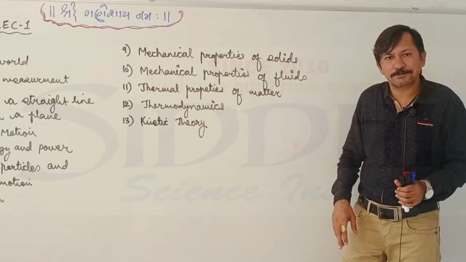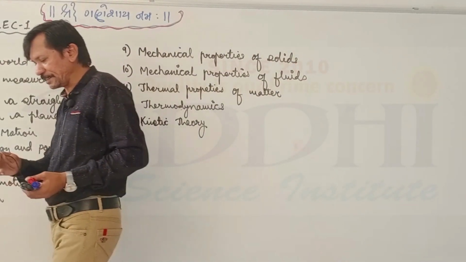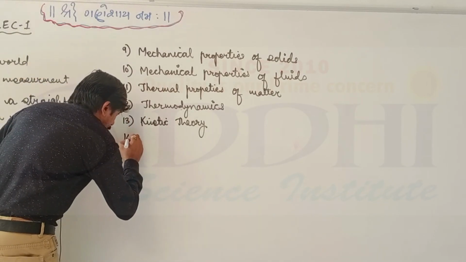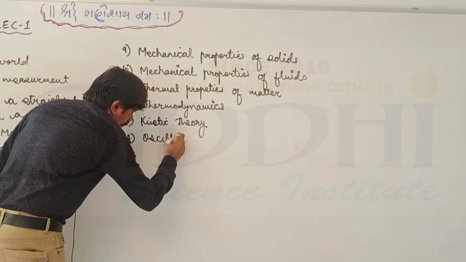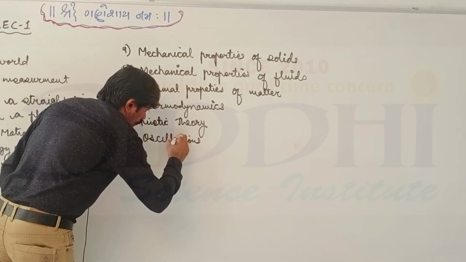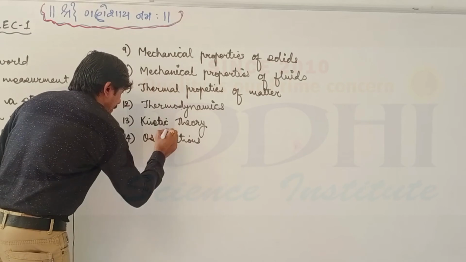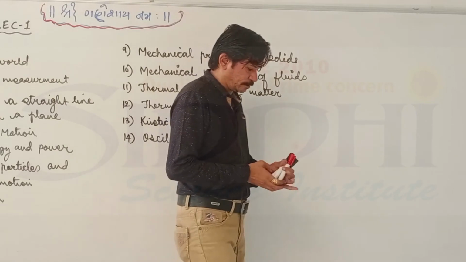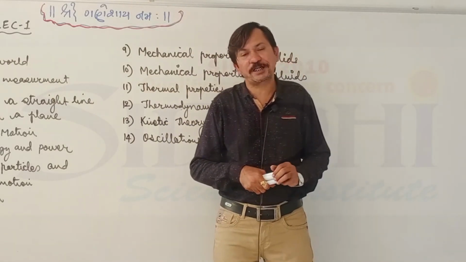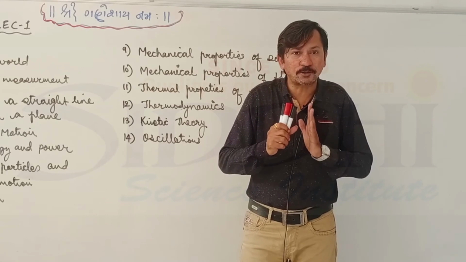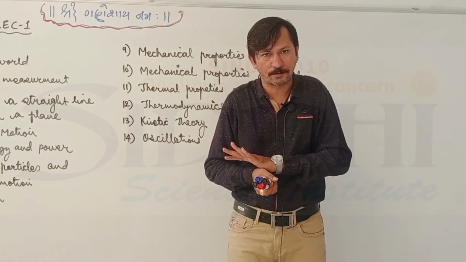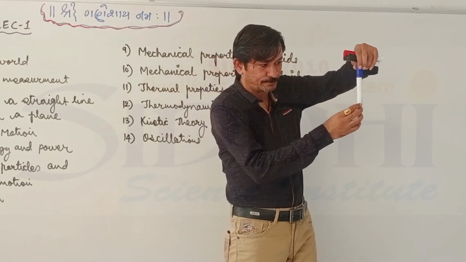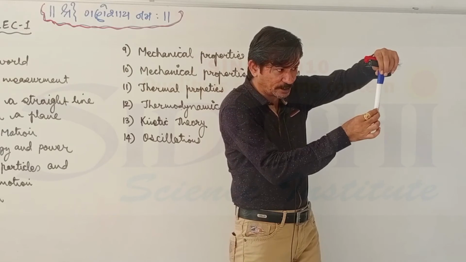Then lesson number 14, which is a very interesting lesson, called oscillations. In fact, some objects perform oscillatory motion, and in short, oscillatory motion is known as oscillations. You've seen that the pendulum of a wall clock performs its motion in this manner.